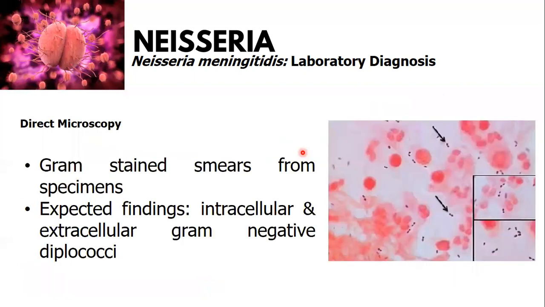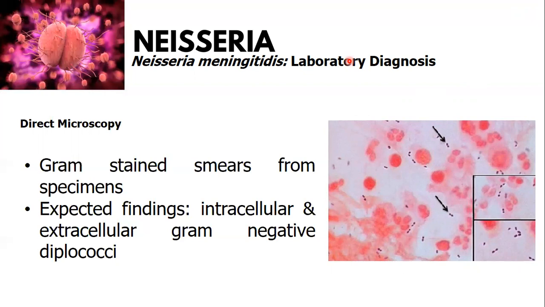And once specimens are received, especially those not obtained from anatomical sites that are populated with flora, a direct microscopy is needed, and we can expect to see intracellular and extracellular gram-negative diplococci, as you can see here, similar to the expected findings when you do direct microscopy from specimens collected for Neisseria gonorrhoeae.